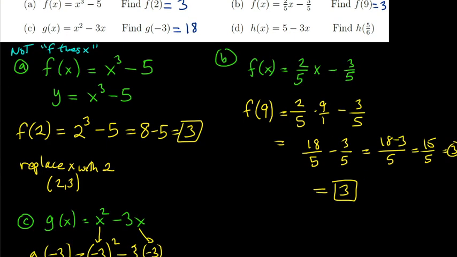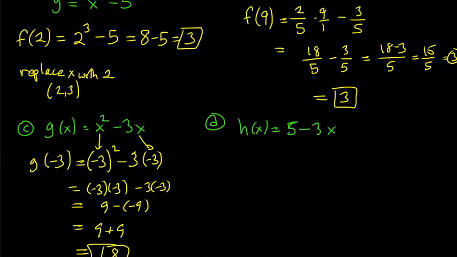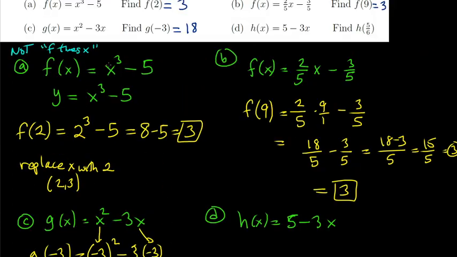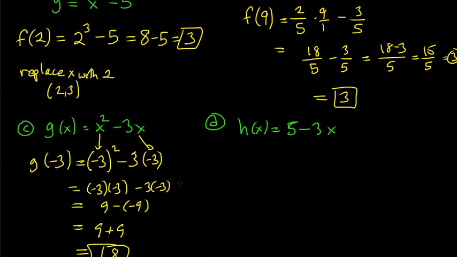All right, and then part D. H of x, I'll just copy it down here. H of x is 5 minus 3x, and they want h of 5 over 6. The point is you don't have to plug in whole numbers. You can plug in fractions.